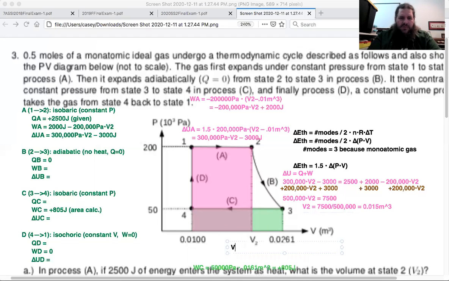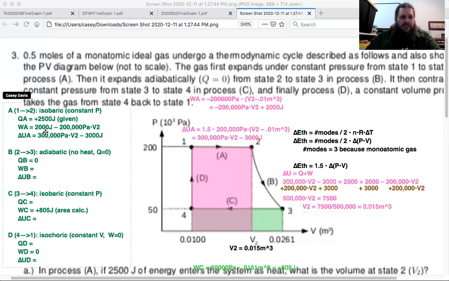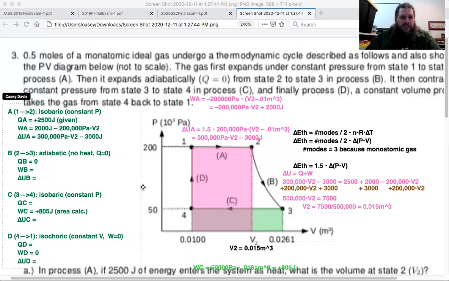So V2 is 0.015 cubic meters. And now that we know that, we can fill that in at the two locations where it showed up earlier, work A and heat A, or delta UA. Any questions on that so far? So let's go ahead and fill those in.